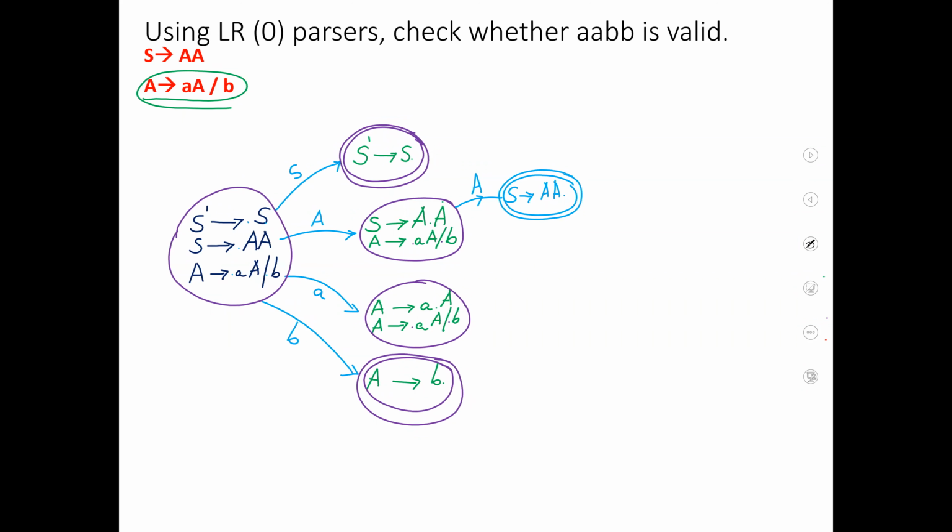Okay, so that is done. You even have a second rule. When you encounter small a, what will happen? When you encounter small a here, you will get A dot A, which is actually this itself. And of course, A is expanded to AA and B. If you encounter this B portion, what will happen? A will become B dot.